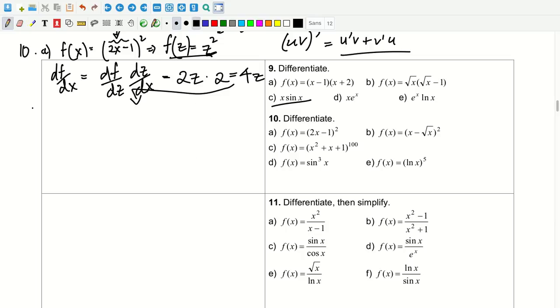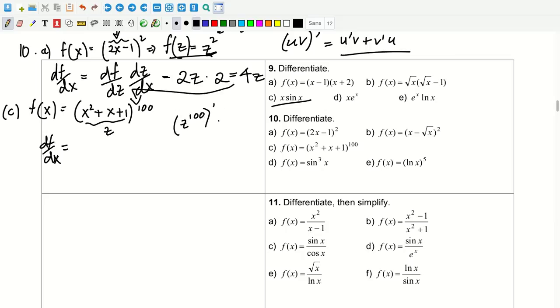Let's see. I'm just going to finish at number 10, and then I'm going to leave the rest for another video. So we've got C, f of x equals x squared plus x plus 1, to the 100. Again, call this z. So the derivative, df/dx, is just going to be the derivative of z to the 100 times the derivative of x squared plus x plus 1.